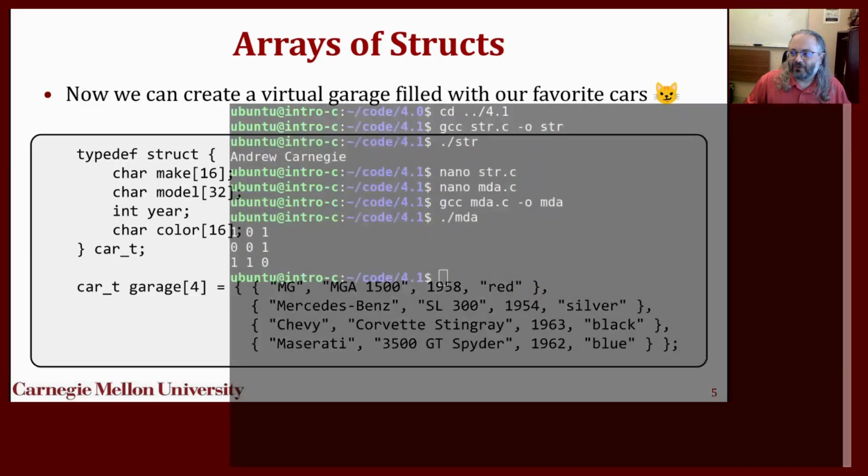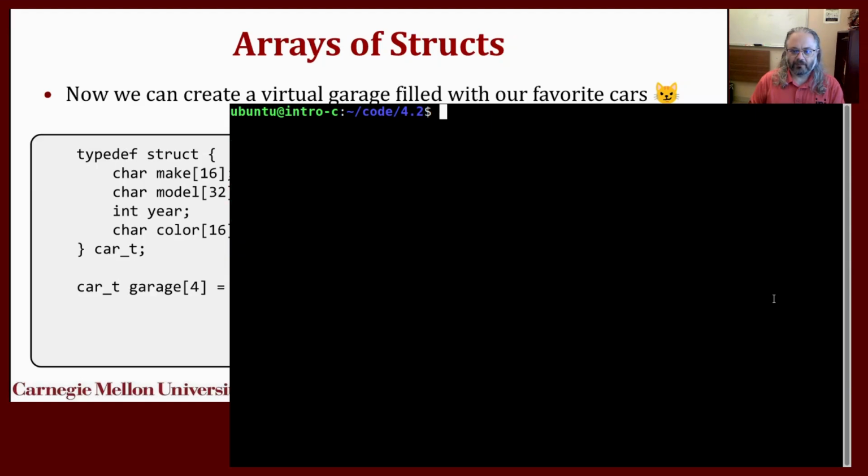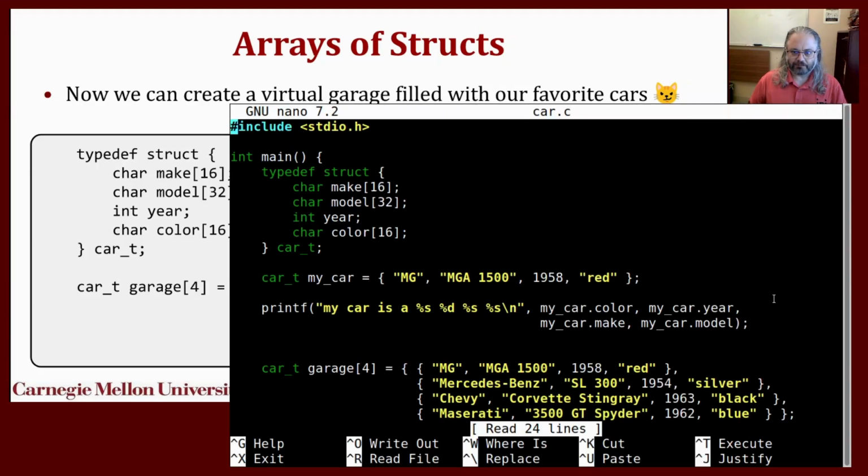So let's jump to a terminal quick and look at this exact example. Let's clear the previous one. So let's look at the car.c file. So this starts off with this exact code. In my main function, I'm defining the car_t data type here.